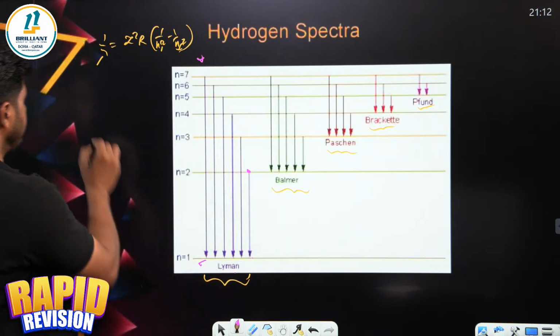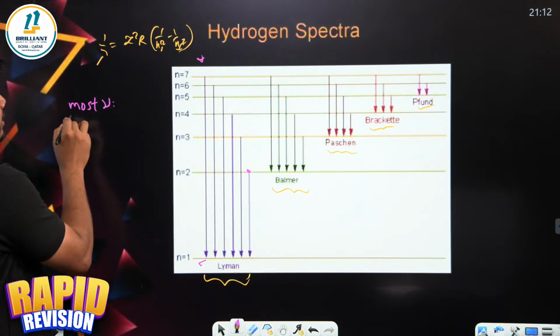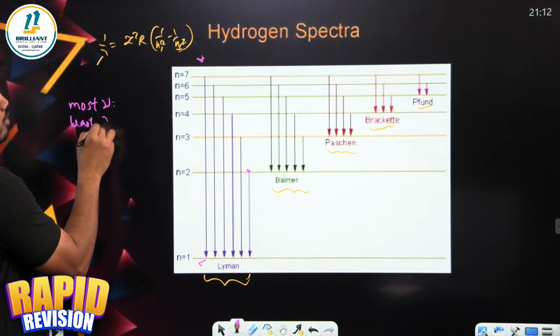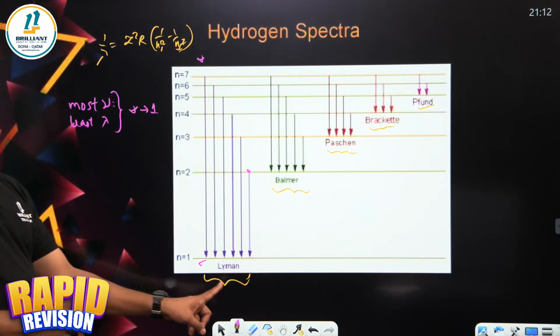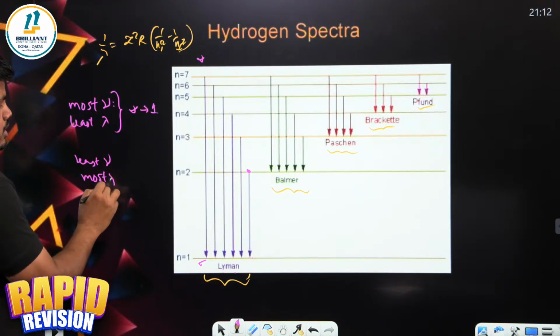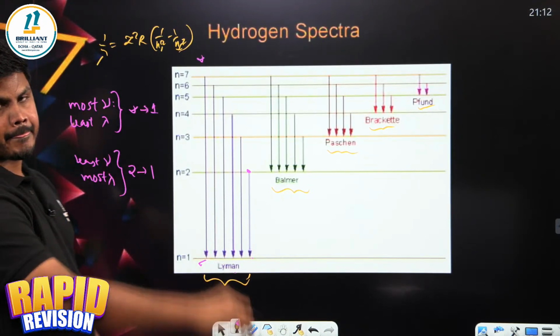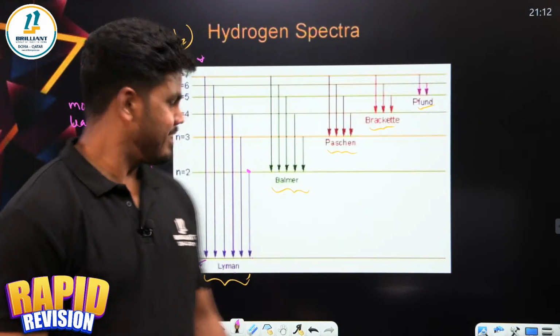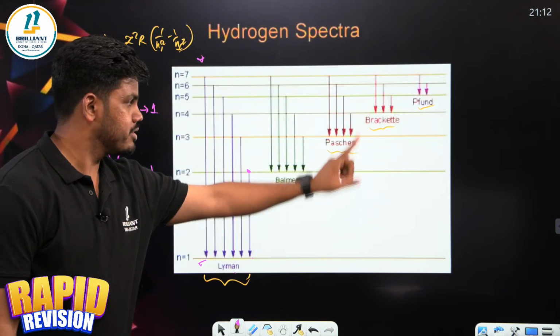So most frequency is also equal to least lambda, for that, infinity to 1 for Lyman. If it is least frequency and highest wavelength, then 2 to 1. This is the way we have to find highest and lowest transitions in all.